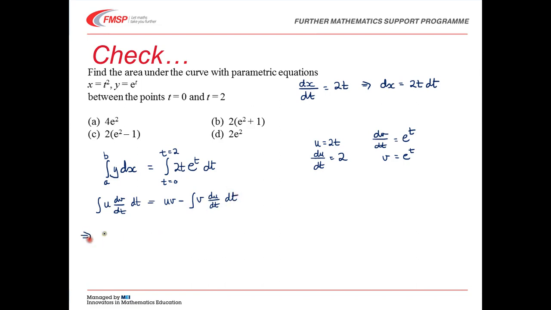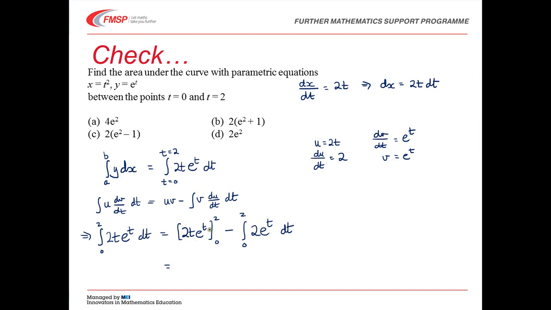Okay, so the integral from 0 to 2 of 2t e to the t dt is uv. That's 2t e to the t, evaluated between 0 and 2, minus the integral from 0 to 2 of v, that's e to the t, times du by dt, which is 2 dt.